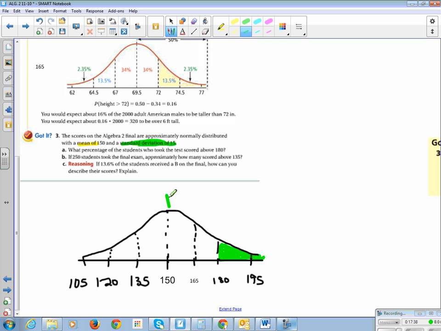So if between here and the end is 50, then I can go 50 minus 34 minus the 13.5.